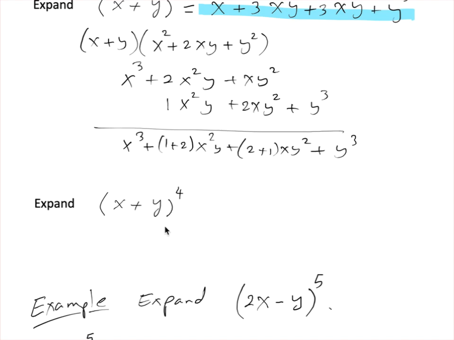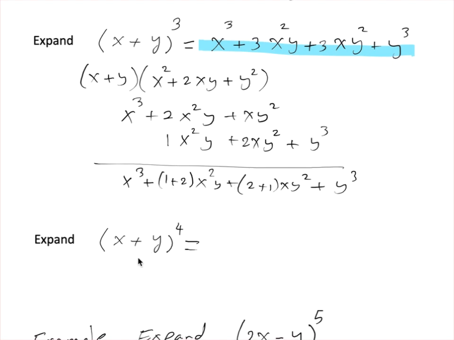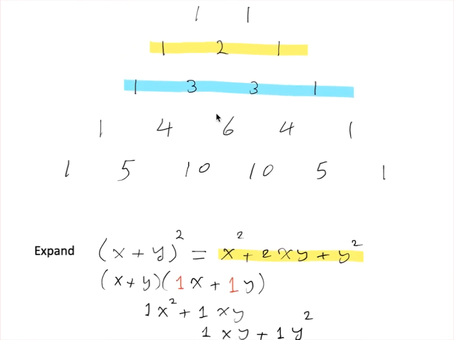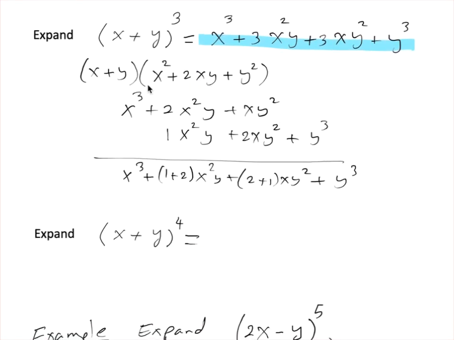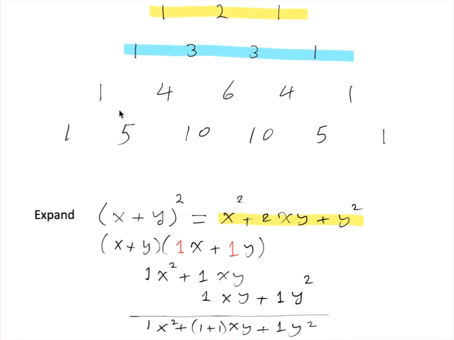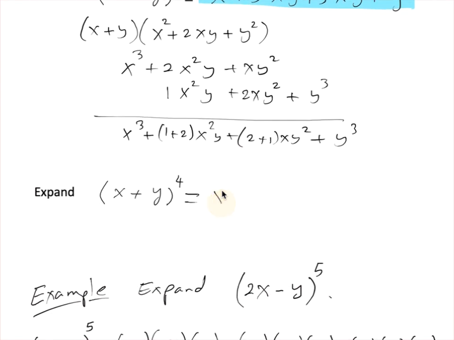Now, for expansion of this x plus y quantity to the fourth, similarly you can see how that relates to the table. But this one, once you have the table, you don't need to spend time doing all this algebra. You can just use the coefficient in the table. So for the fourth power, you have 1, 4, 6, 4, 1. And that gives you x to the fourth, 1 times x to the fourth.